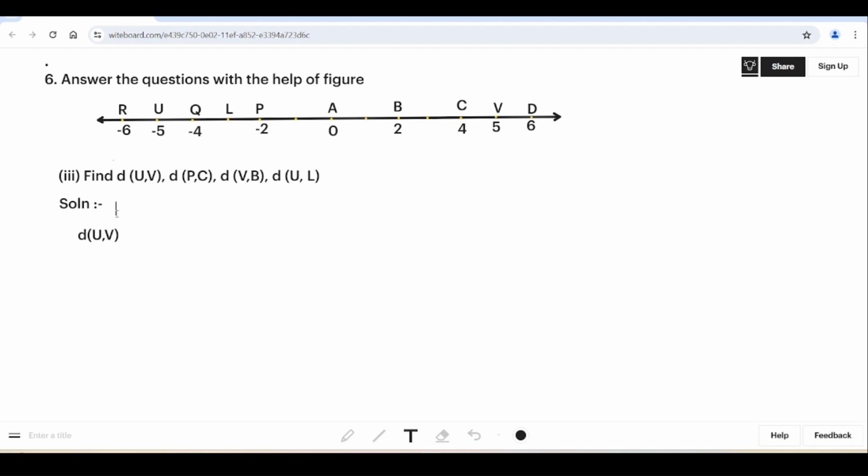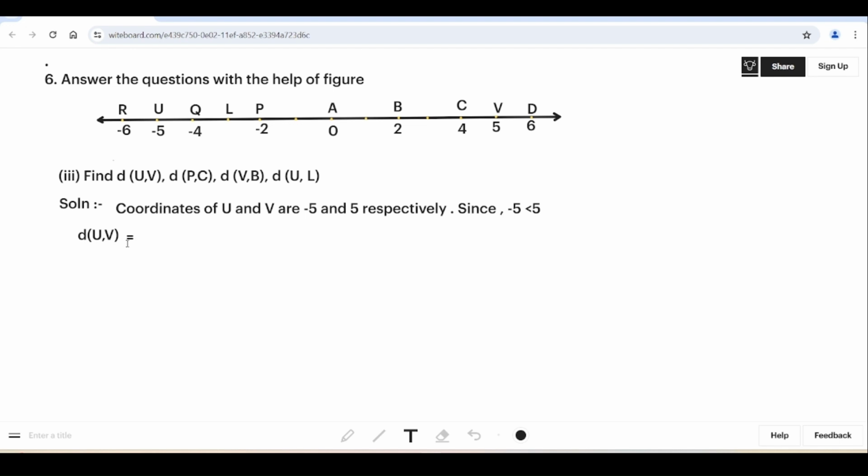So the coordinates of U and V are -5 and 5 respectively. Okay, right. Now since -5 is smaller than 5, the distance between U and V will be what?